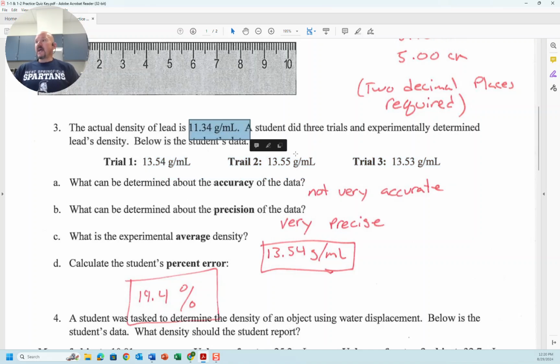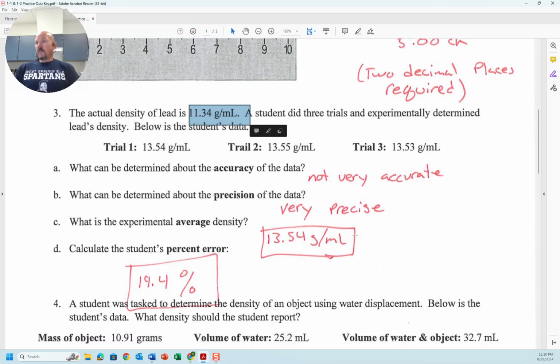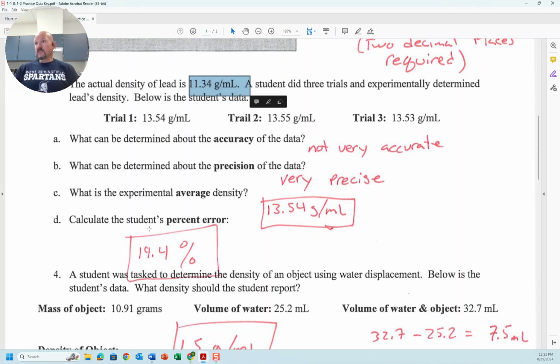The average, if we added them up, it just comes out to be 13.54. You probably could have done that one in your head, but remember, add them up and then divide by 3 in this case. And then this would be our experimental value. And so this is going to be our percent error. Now, how do we do that? Remember, we do the difference between the 2 values. So remember, it's the absolute value.